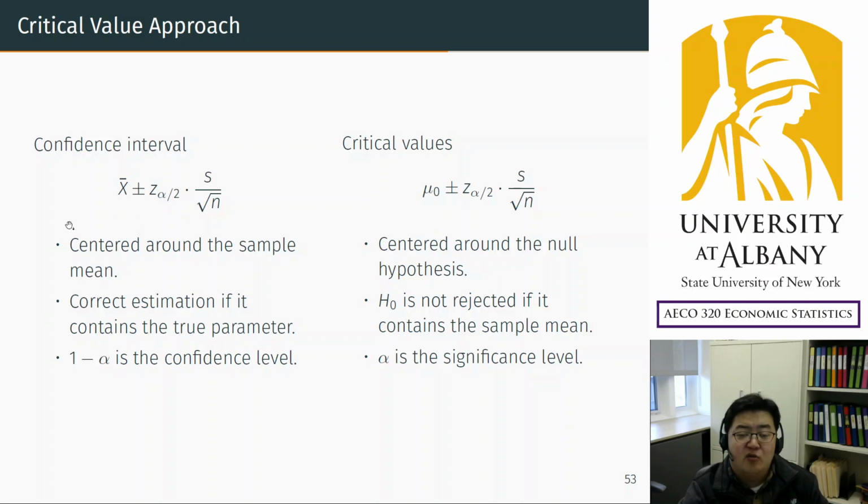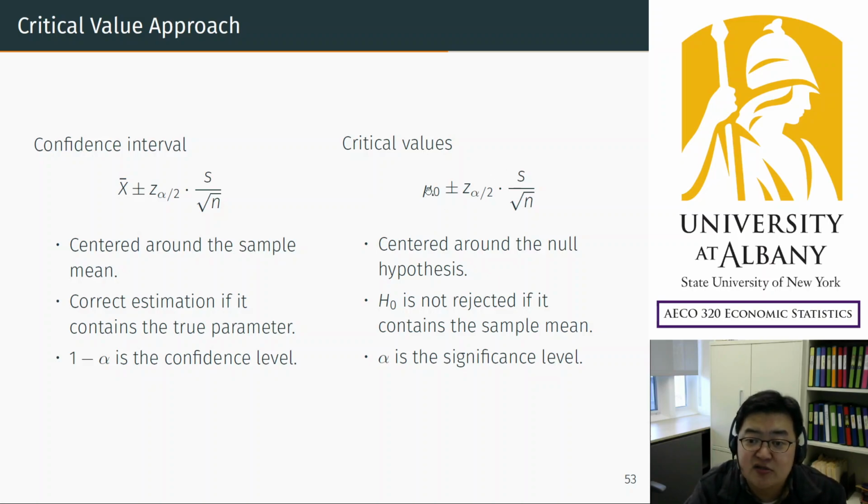Okay, now let's compare the confidence interval and the critical values. The major difference is that in the confidence interval, we are based on the data, and we would like to make an interval for the unknown parameter, right? So we hope this interval contains the true parameter. On the other hand, the critical values are calculated not based on the data, but based on your belief.